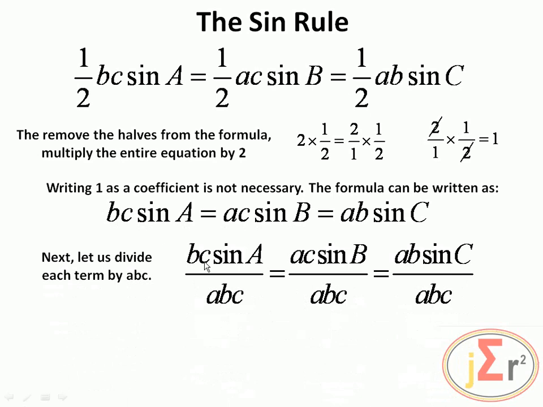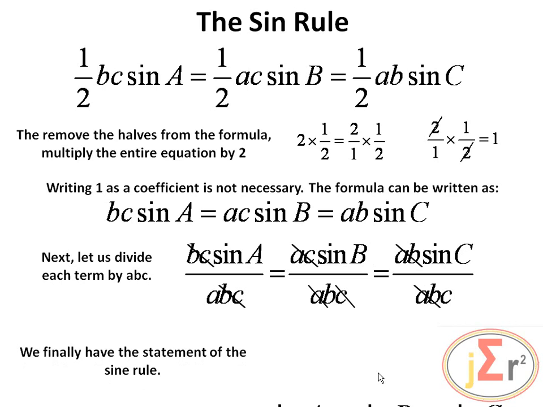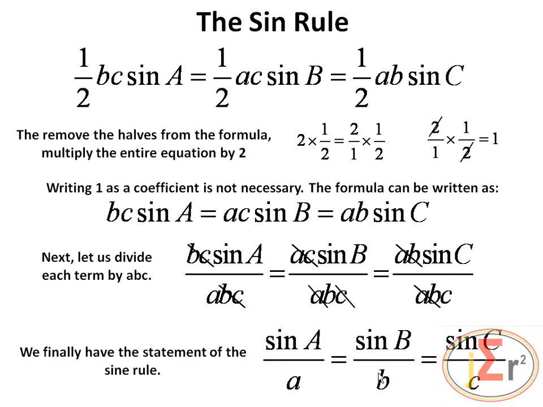In the first fraction, BC cancels with BC, and we have sine A over A. Here, AC cancels, so we have sine B over B. And here, AB cancels with AB, and we have sine C over C. We finally have the statement of the sine rule: sine A over A is equal to sine B over B is equal to sine C over C.